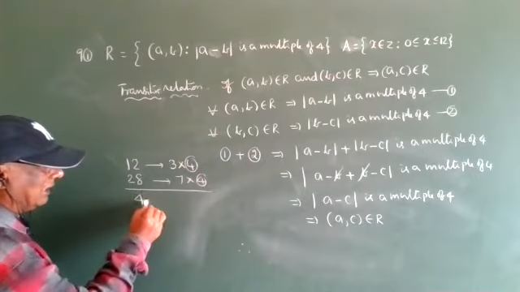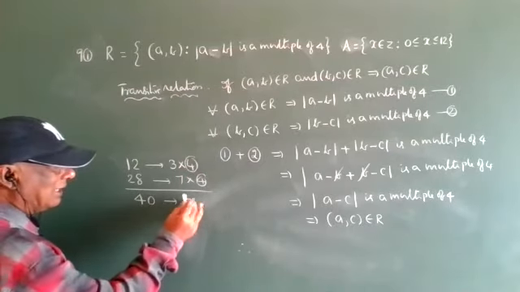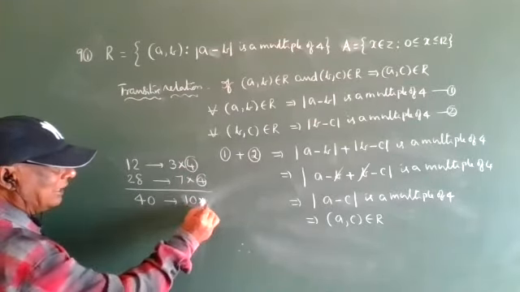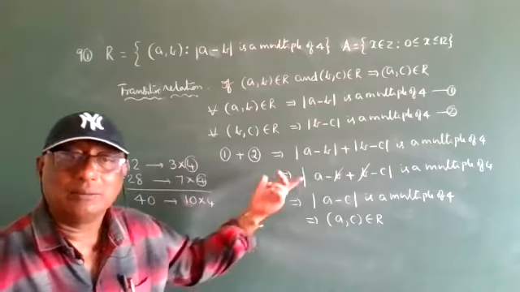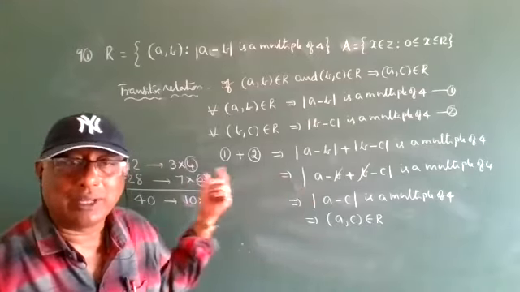Add these two: 40 is 10 into 4, also a multiple of 4. By adding, it will also be a multiple of 4.